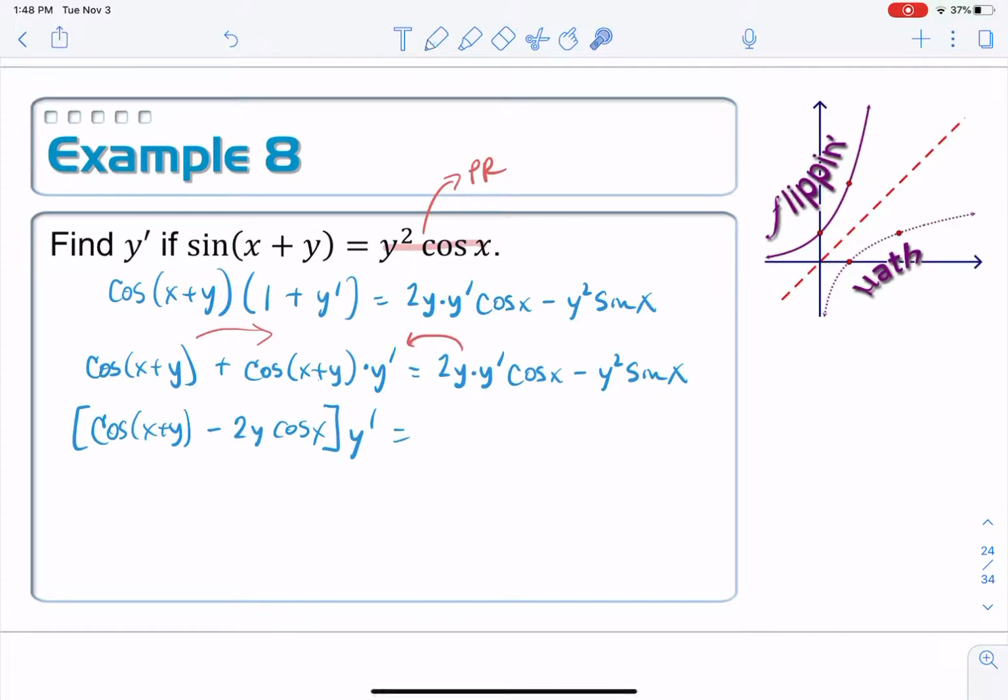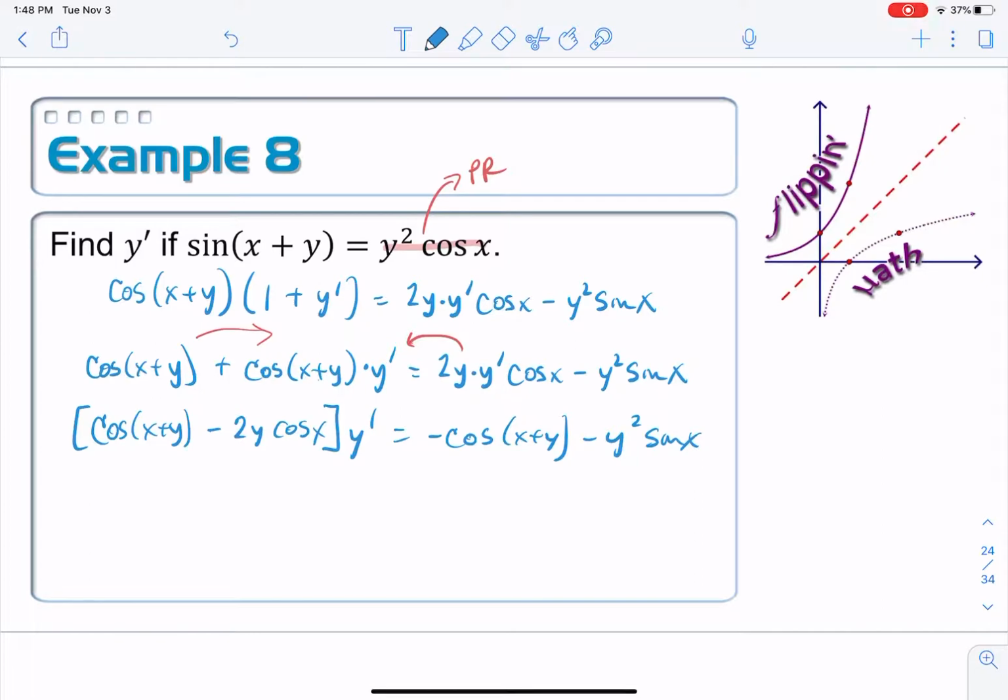I subtracted this term over, and in the process I factor out the y prime, leaving 2y and the cosine for that term. I also have to subtract this one over, so it's minus cosine of x plus y, and then minus y squared sine x.